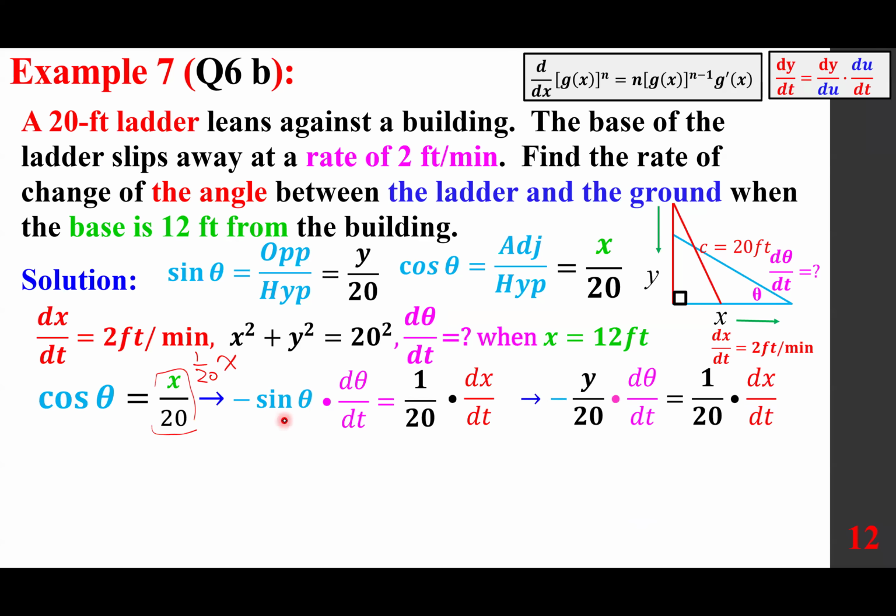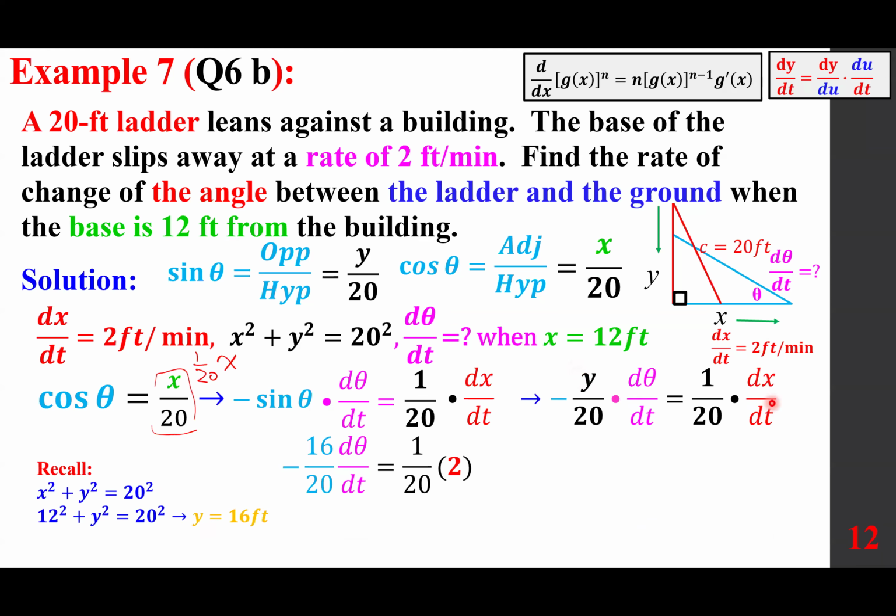So I'm going to replace the sine with y over 20. And again, we did this in the previous page. Y is missing. We said x squared plus y squared is 20 squared, and we showed that y is 16 feet. So I'm going to use that, and I'm going to replace the y with 16 and dx/dt with 2.